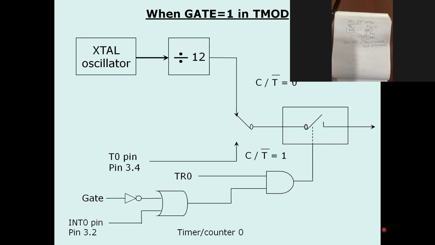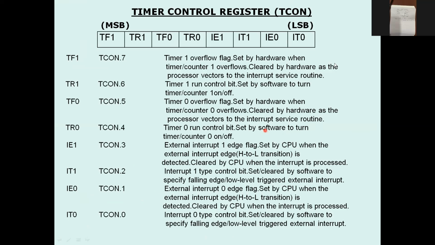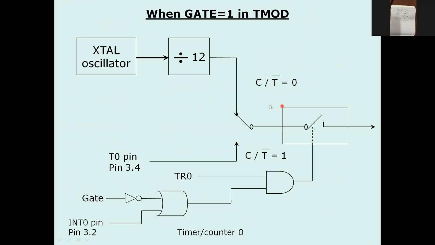Just see the diagram, and you will be able to understand a little bit. If C/T bar is equal to 0, then it's a timer operation. The clock is coming from the internal oscillator, meaning the crystal you have.